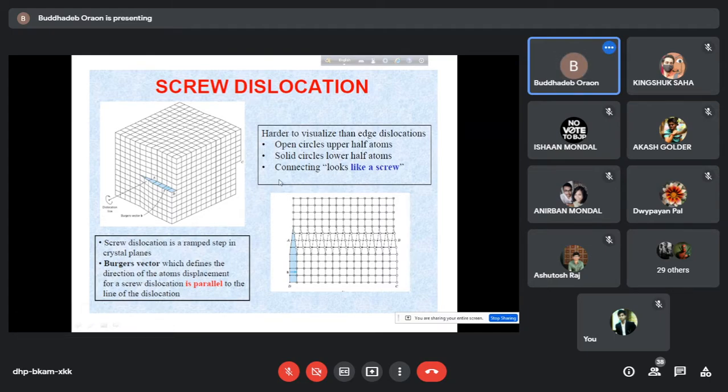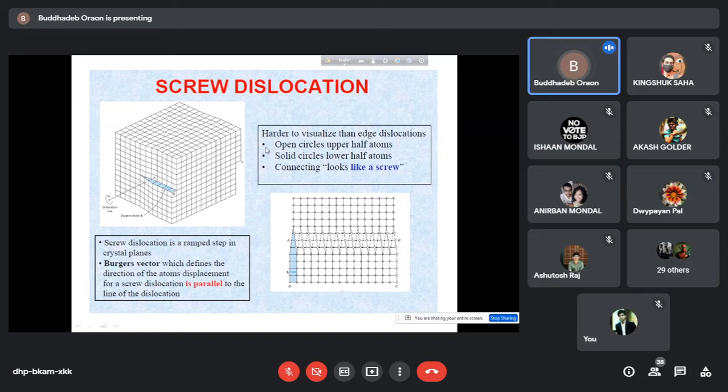If you look from the top, it will look like a screw. The movement of the atoms which has taken place within this region, if you can visualize, will form a screw. How it forms a screw, we'll try to understand.